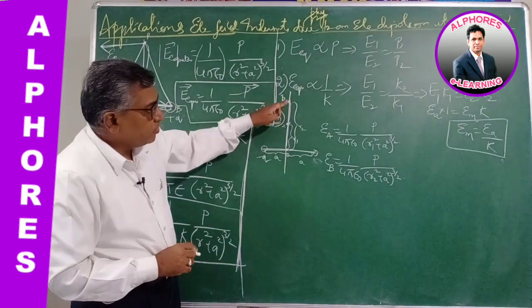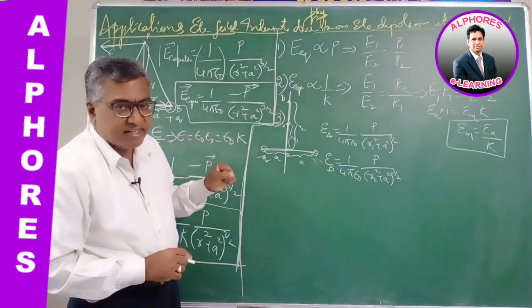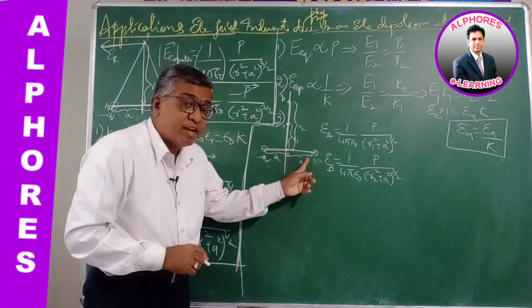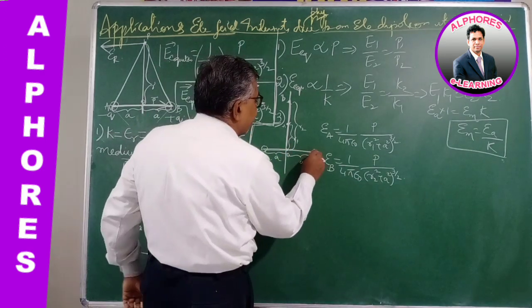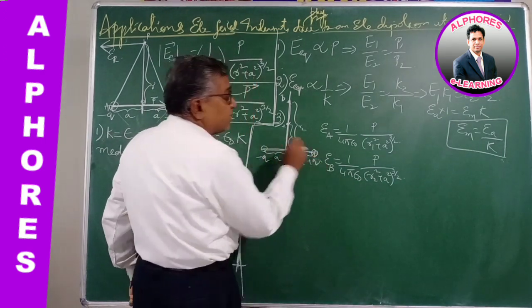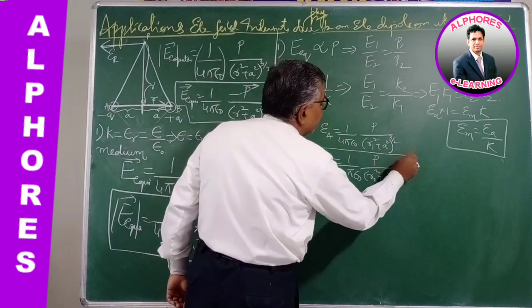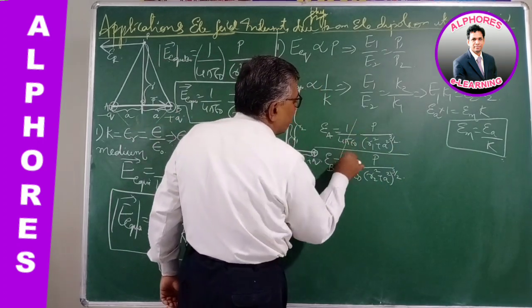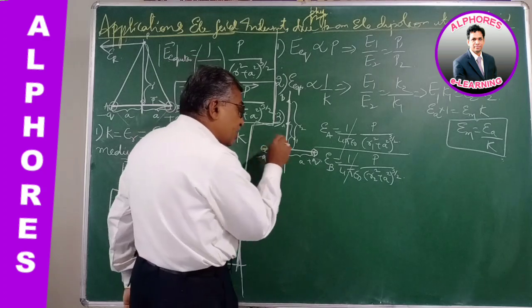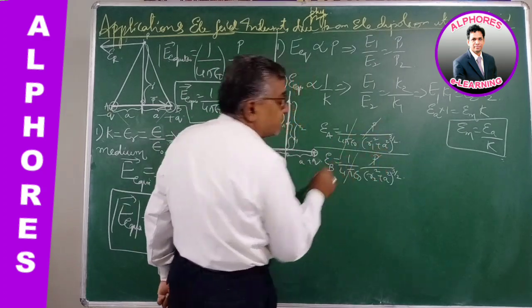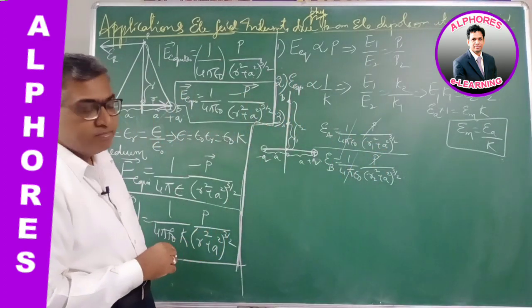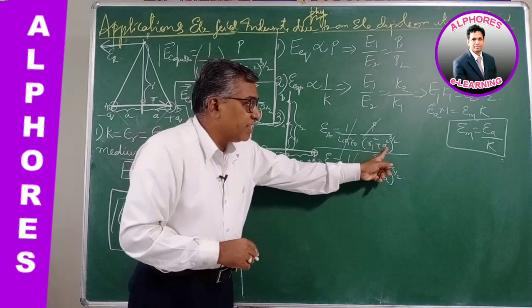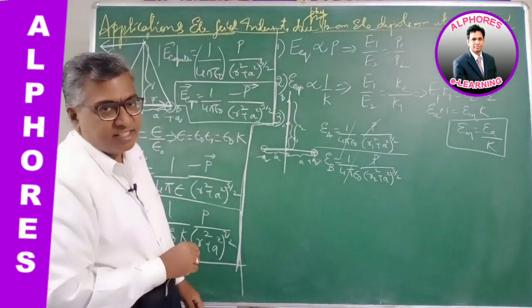Now these 2 points are different, but it is for the same dipole that we are finding the electric field. So dividing both, the Coulomb constant is cancelled. The dipole is the same, so P cancels. The dipole moment is the same, right? And even A, the distance of the distributed charges, is also the same.